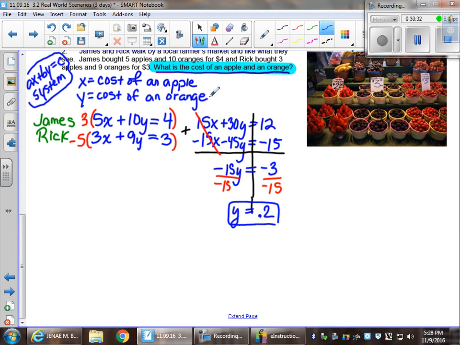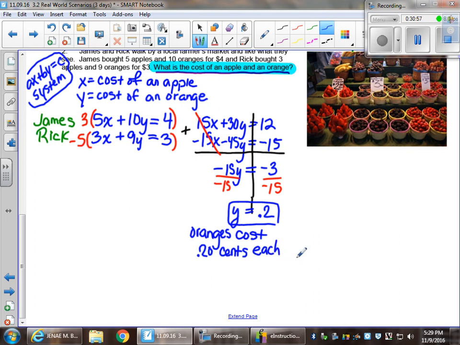If I look at how I defined my variables, y is the cost of an orange. So oranges cost how much money? What's 0.2 in money? 0.2 would be 20 cents each. So oranges cost 20 cents each.